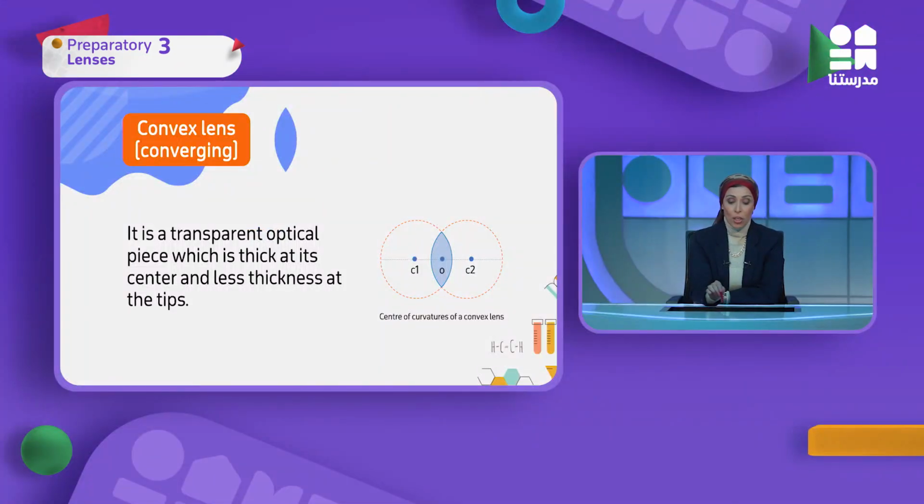Here the spheres are intersected together, meaning they are connected in a middle part. So look at the intersected part here in the diagram. It makes the shape of the convex lens, a round shape coming from the intersected part of the two connected spheres. Two spheres intersected from the middle make this shape called the convex lens, and it's transparent.